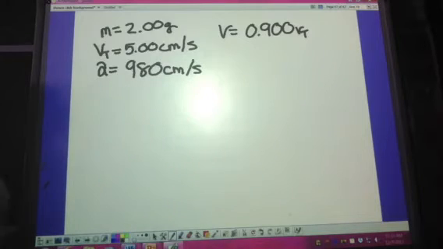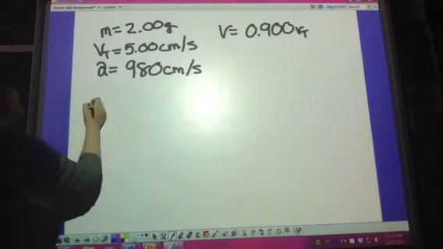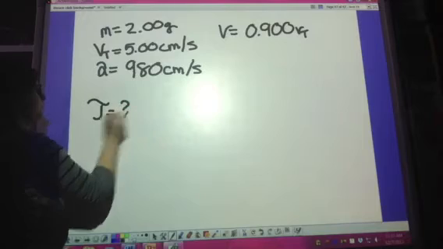Okay, first step, they want us to find the time constant. I need to find tau.